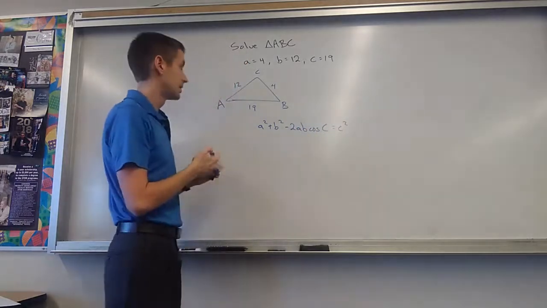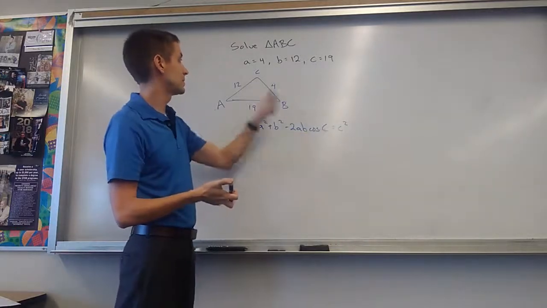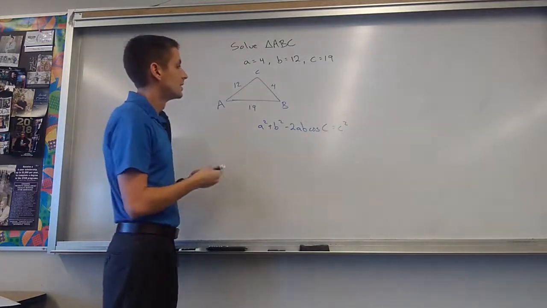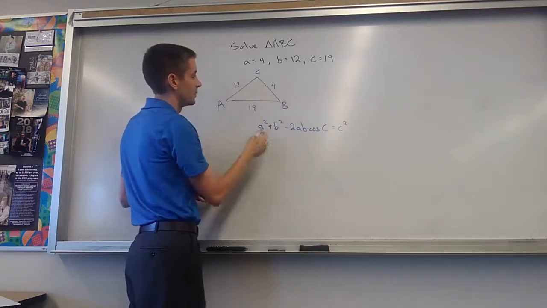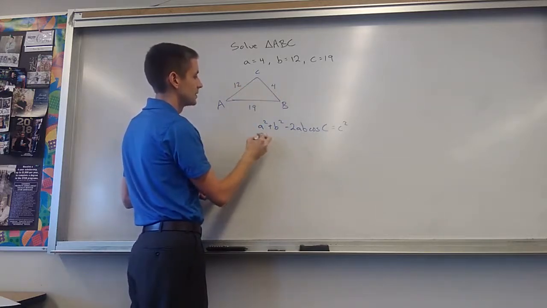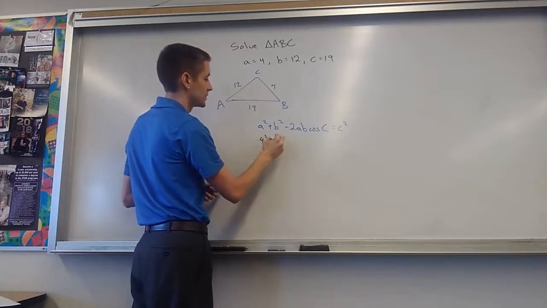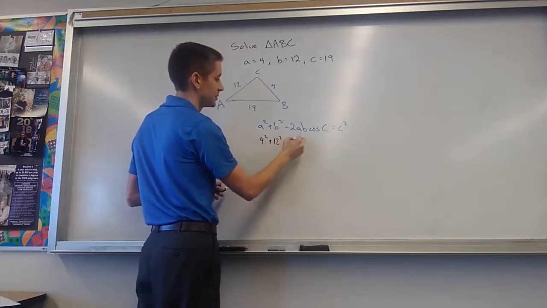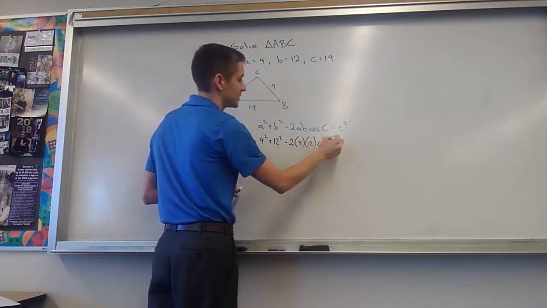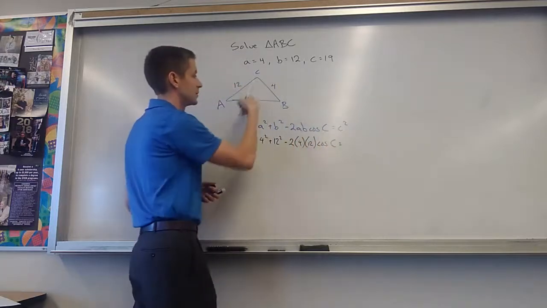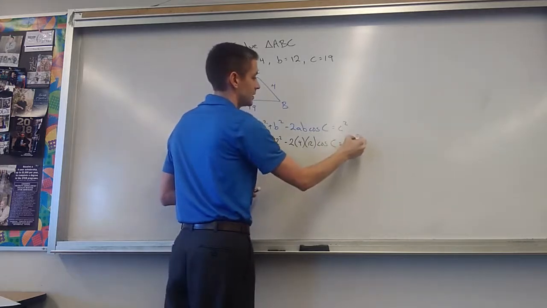I'm going to specifically use angle C here. So that means the 4 and the 12 are going to be our a and our b values. So 4 squared plus 12 squared minus 2 times 4 times 12 times the cosine of C, which I don't know, is equal to the side length of c, 19, being squared.